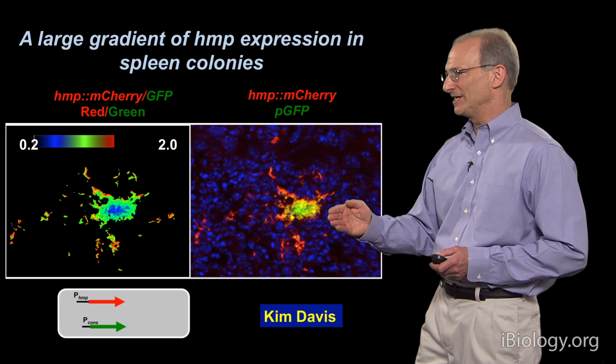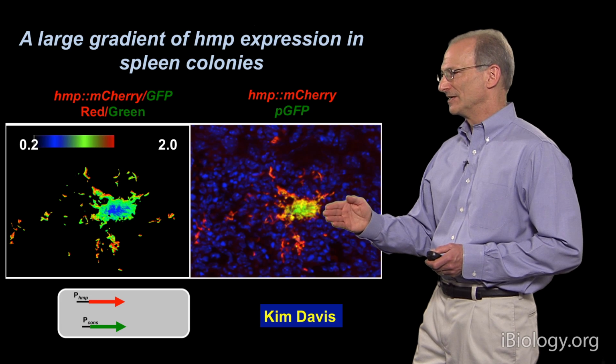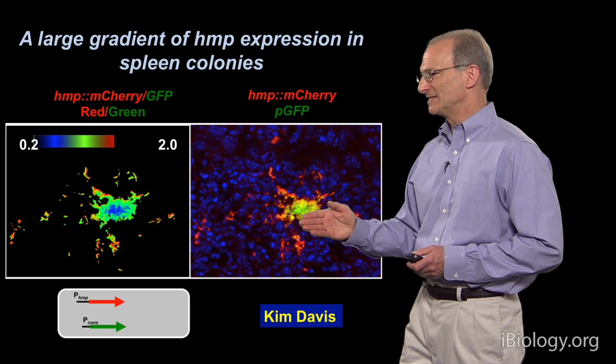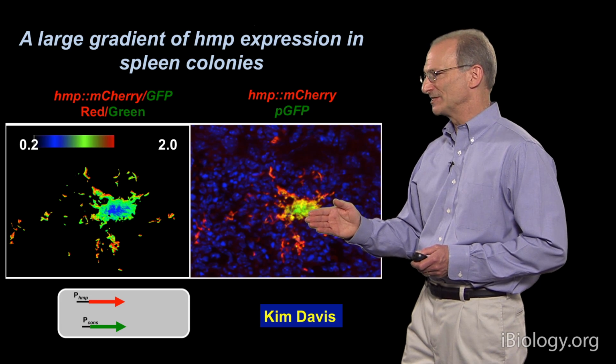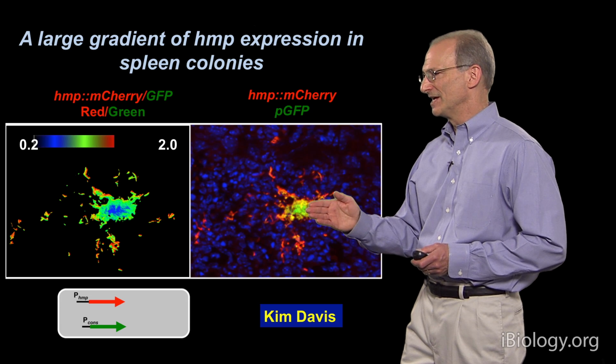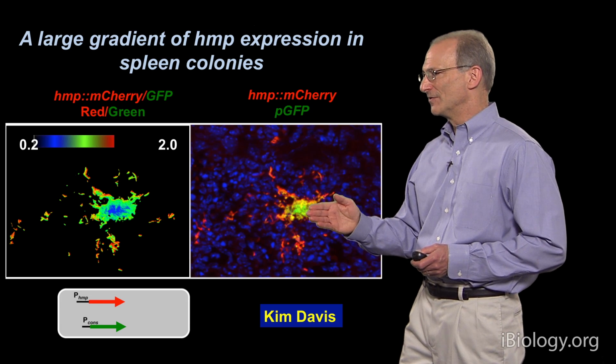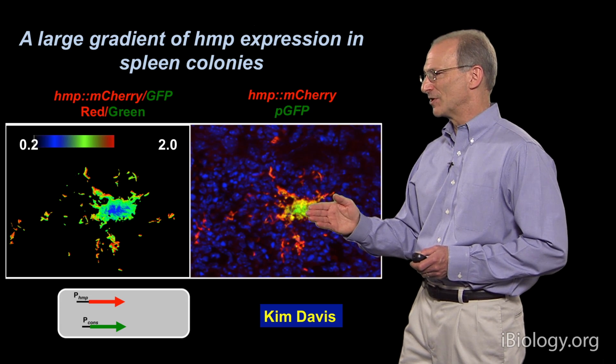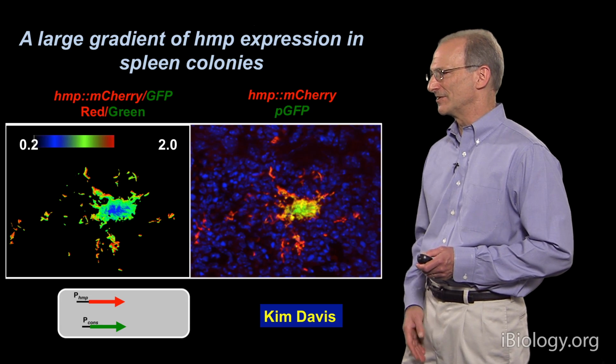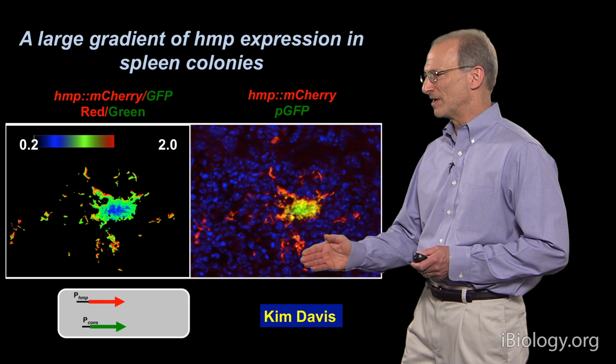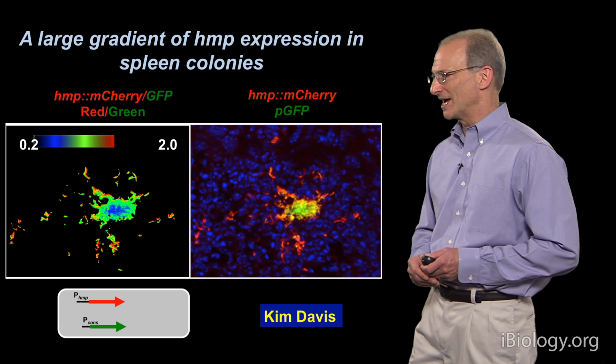However, in the center, you see the beginning of a gradient. You see yellow, which means that the red is expressed at lower levels in these cells. And then in the center, frankly, you see green, which means we see the green fluorescent protein, but we don't see the red fluorescent protein in the center of these colonies. Clearly, as the bugs migrate into tissues, they're able to see nitric oxide.